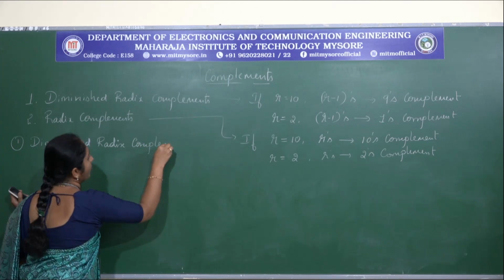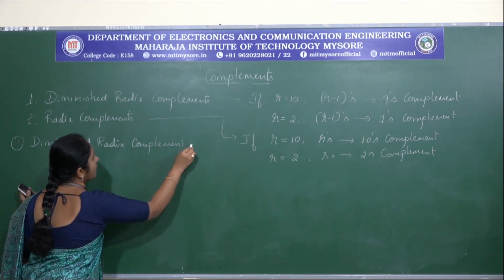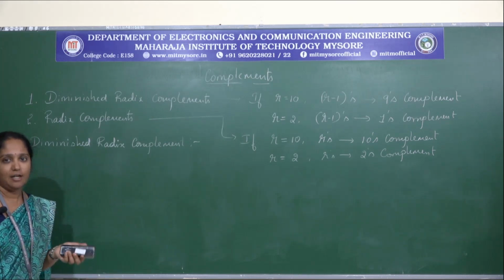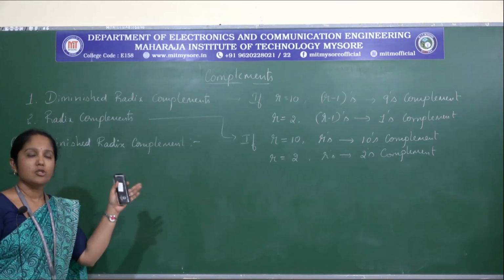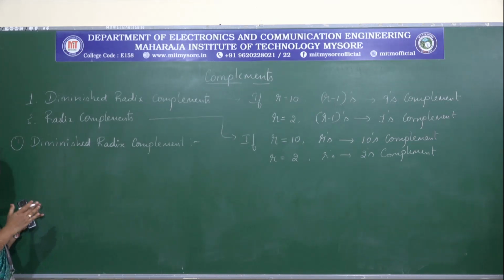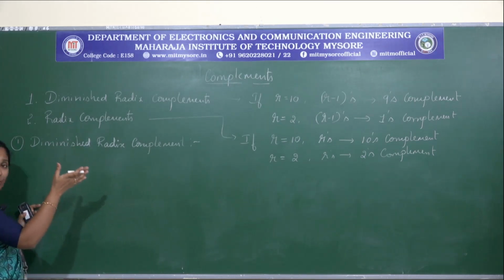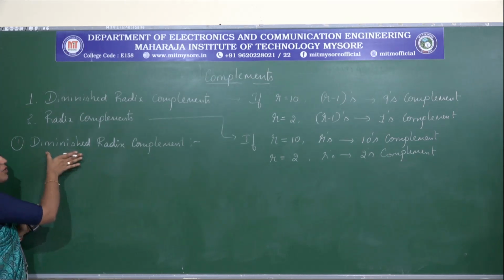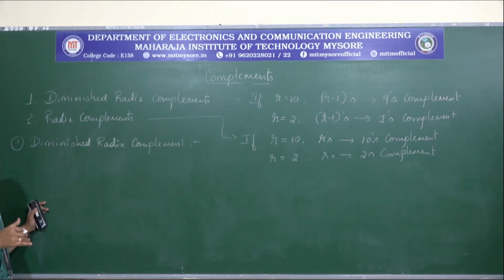We have a formula here to obtain the 9's complement and 1's complement. Since this is diminished, we consider the r minus 1's complement.